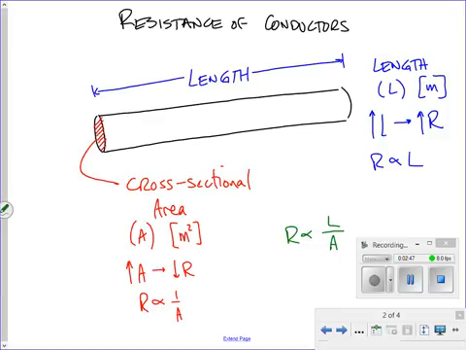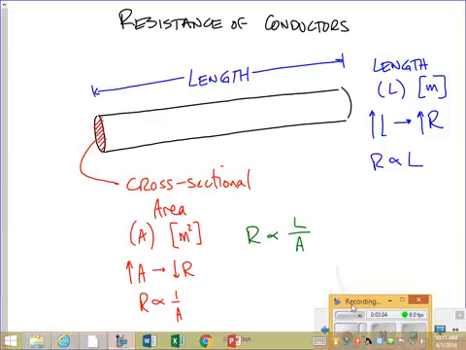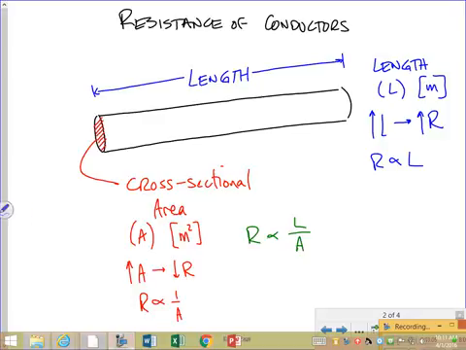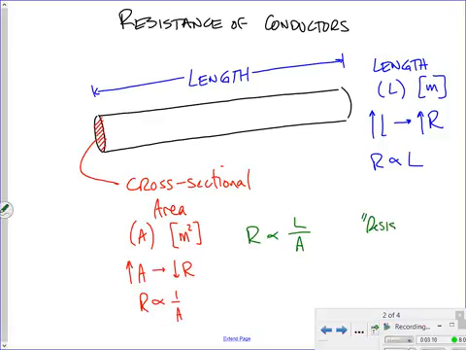In fact, that's true. But it's not true that every wire of the same length and same cross-sectional area has the same resistance, because there's other stuff about different wires, and one of those is what the wire is made of. We capture that in a quantity called resistivity, a characteristic of what the conductor is made of.